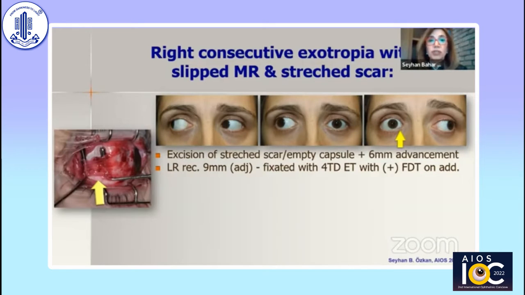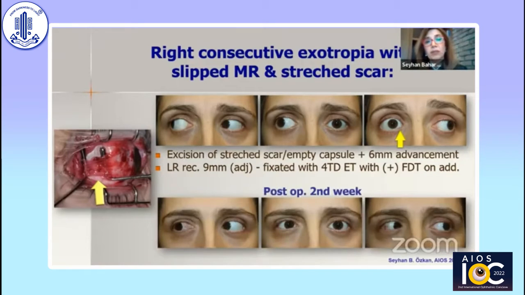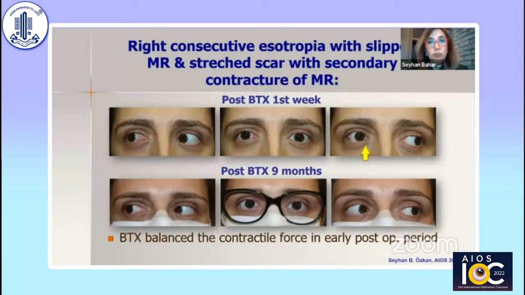She was fine on adjustment. However, she came back with this consecutive esotropia on the postoperative 2nd week. So at this stage, we injected toxin into the medial rectus muscle, and this is her appearance post-toxin first week, and 9 months afterwards, the result was stable and she was orthophoric. So the toxin balanced the contractile force in the early post-op period.